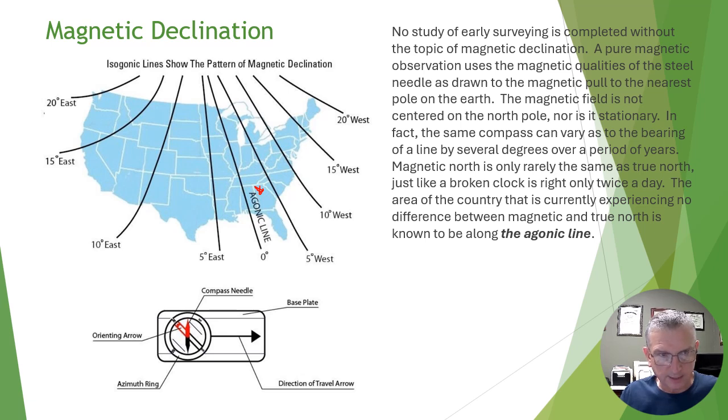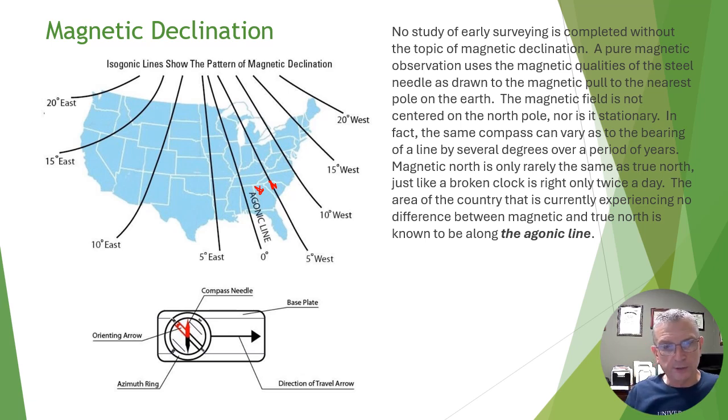The agonic line is where magnetic north is the same as true north, and over here magnetic north is 5 degrees west of true north. So if you're over here around Easley, South Carolina, for example, and these change, but according to this declination map, if you're around Easley, South Carolina, your magnetic compass is actually pointing north 5 degrees west in the realm.